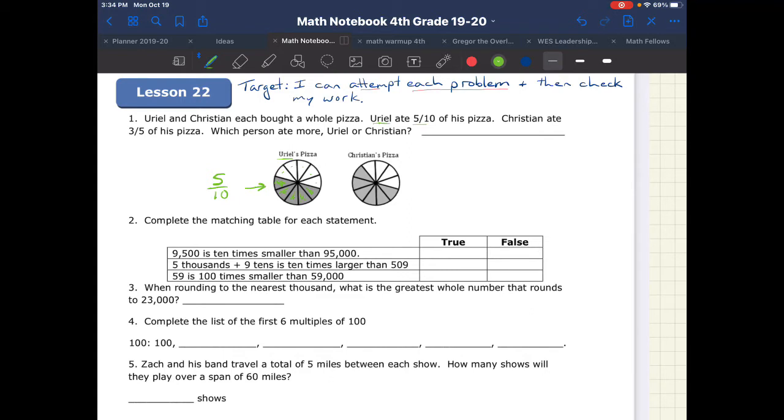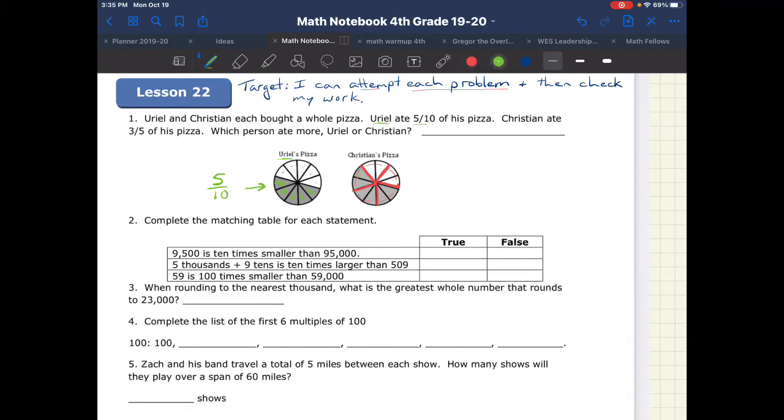And then 3/5. How much is 3/5? Well, the way to do 3/5 is to make this be fifths instead of tenths. And if I break it like this, now I have 1, 2, 3, 4, 5 pieces, and he ate 3 of those 5.